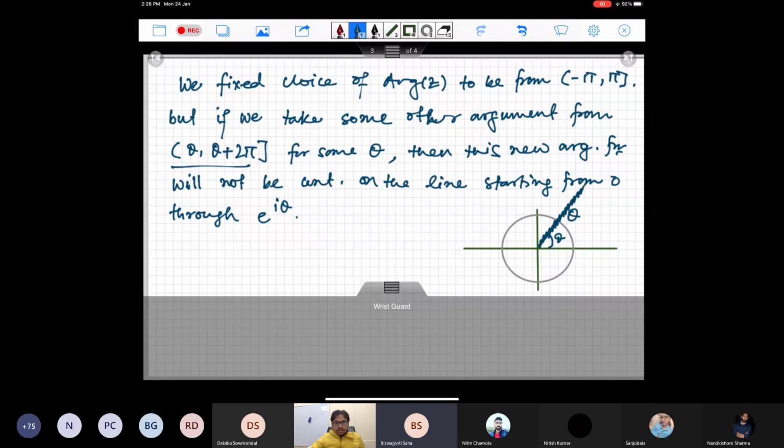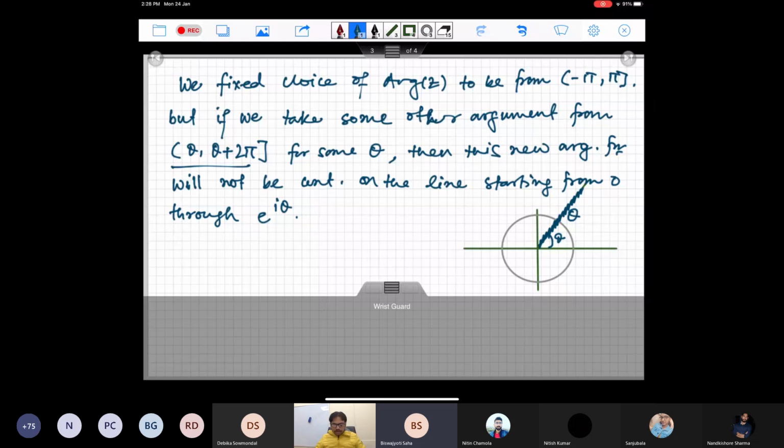So it has nothing to do with the negative real axis only. The negative real axis is important to remove if you want to take the principal argument, which is why you will later call it the principal branch of logarithm. But no matter what kind of argument you take, there will always be a line which will be problematic, and in order to make your argument function continuous, you will have to remove this one line.